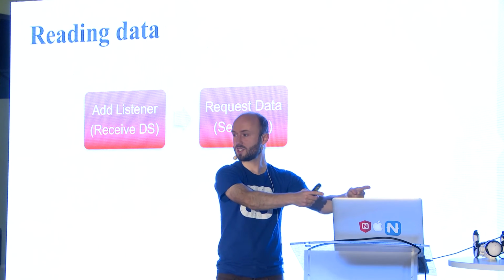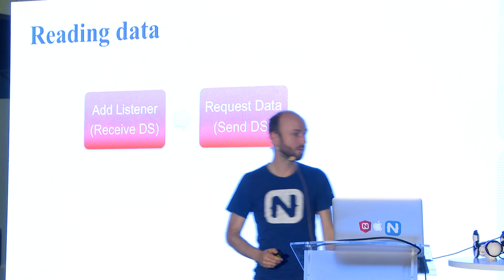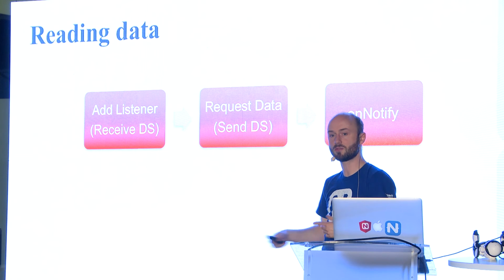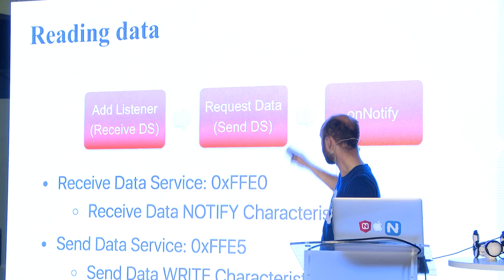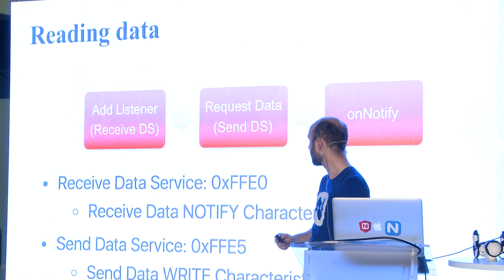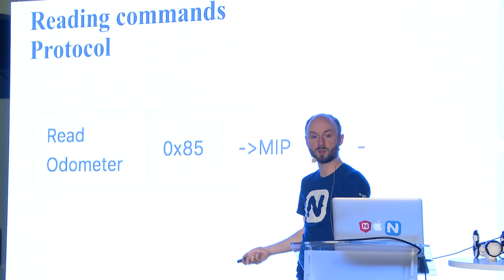And then it responds here. You talk to this one, and here's where you hear the answer. Then you basically have to handle it on notify, whenever you receive the data. So obviously we have a data service at a different address for receiving data and a different one for sending. So that I could use, let's say, read odometer, which gives me distance.